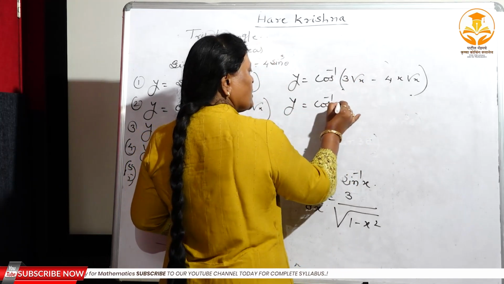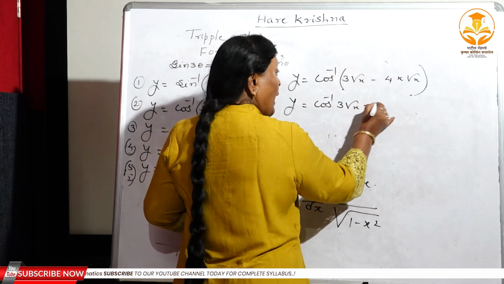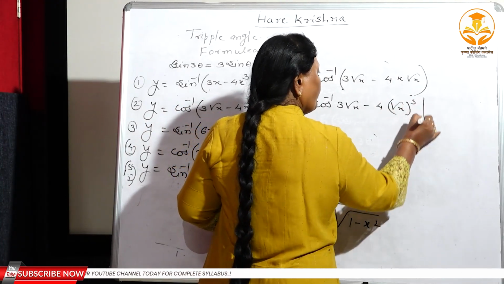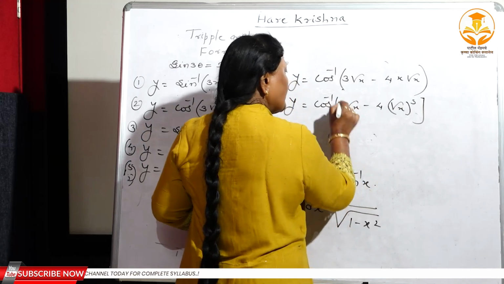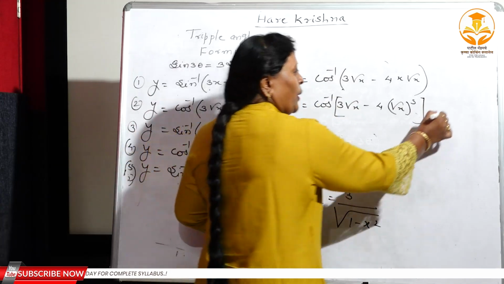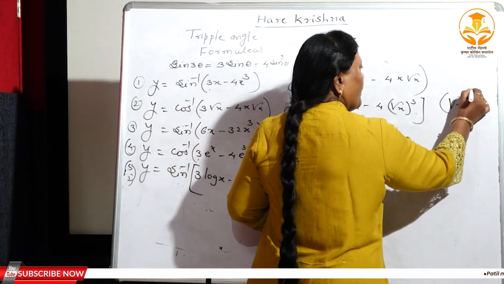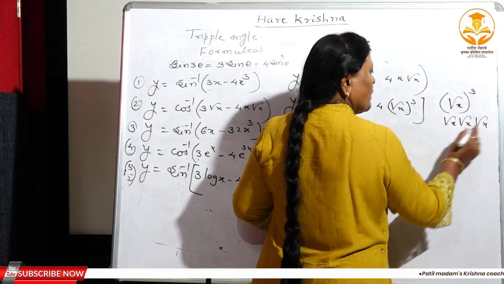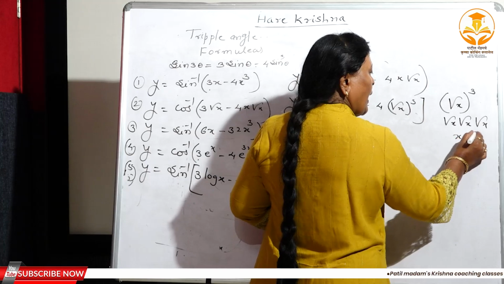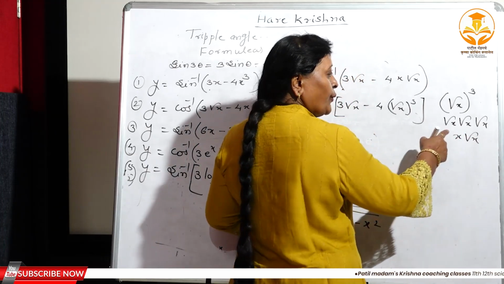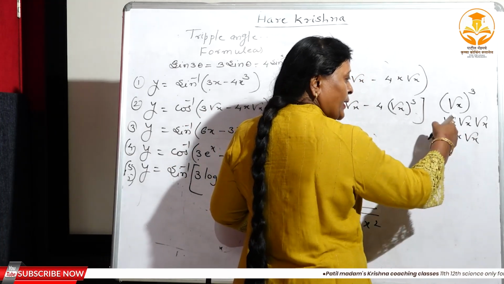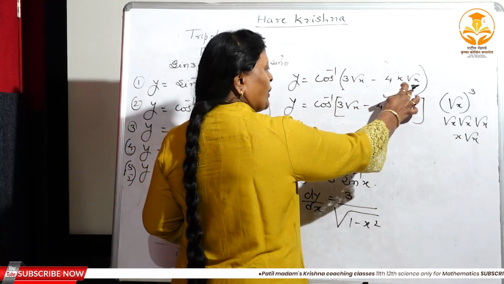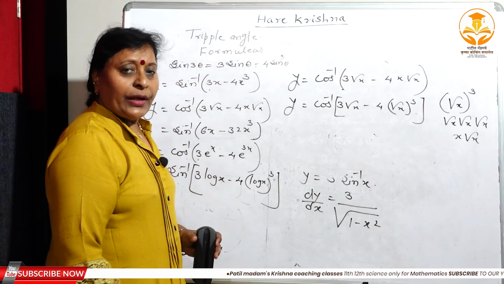This is cos inverse, this is root x, and this x root x you can write as root x whole cube, because root x whole cube means root x into root x into root x, root x into root x is x, and here root x. Therefore root x whole cube is nothing but x into root x. Therefore in place of x root x you can substitute root x whole cube.